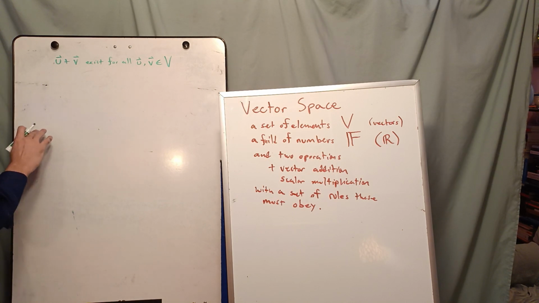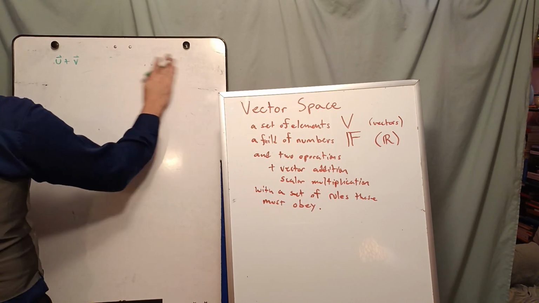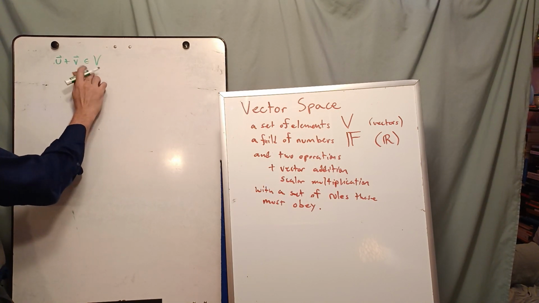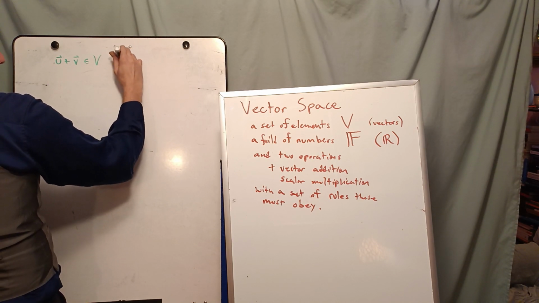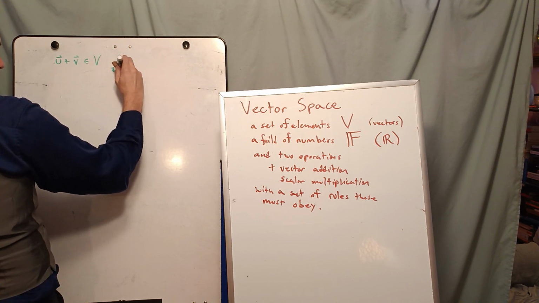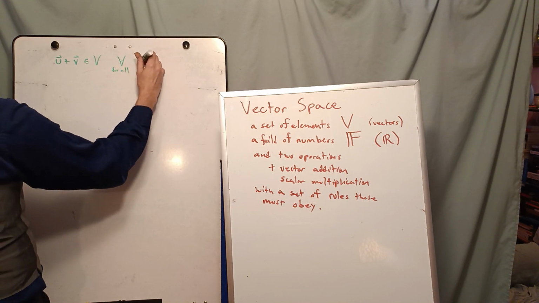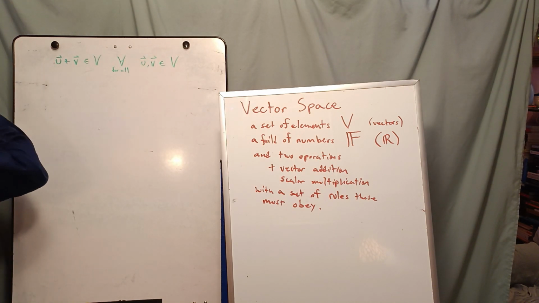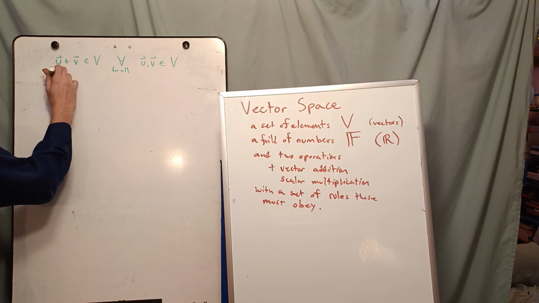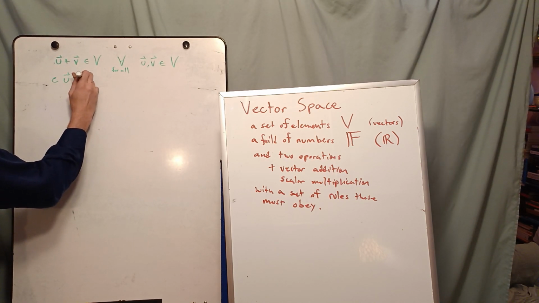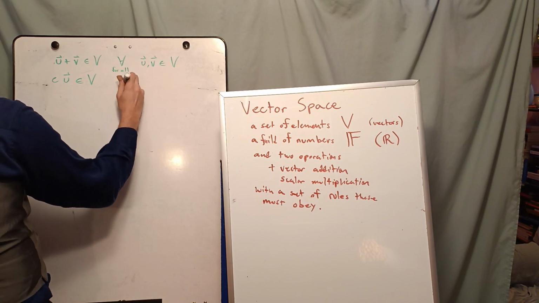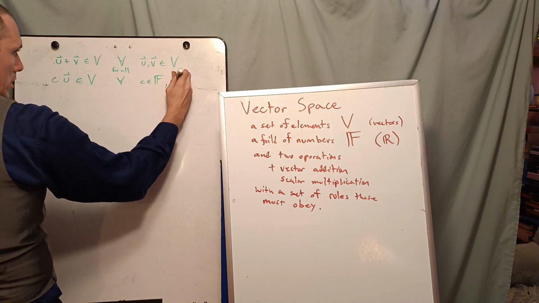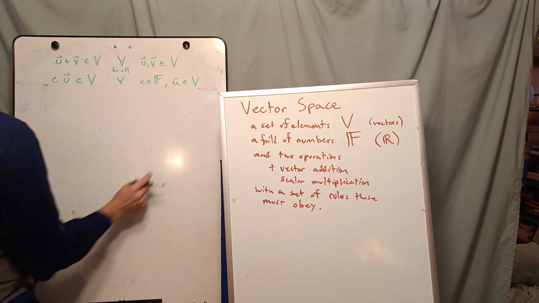Not just that it exists, right, that u plus v is an element of our vector space V for all, I'm going to write the set theoretic versions of some of these symbols, for all u and v in V. And C times u is in our vector space for all C in our field and u in our vector space.